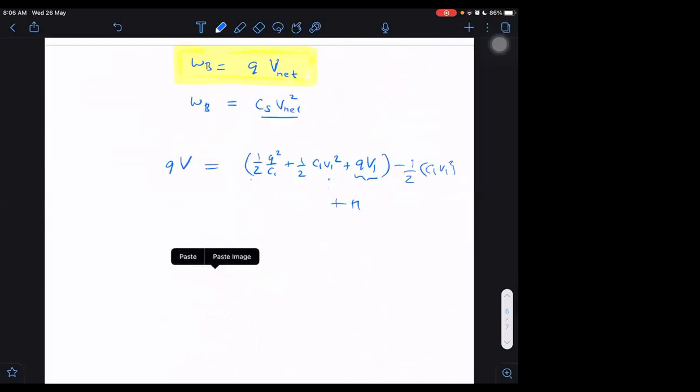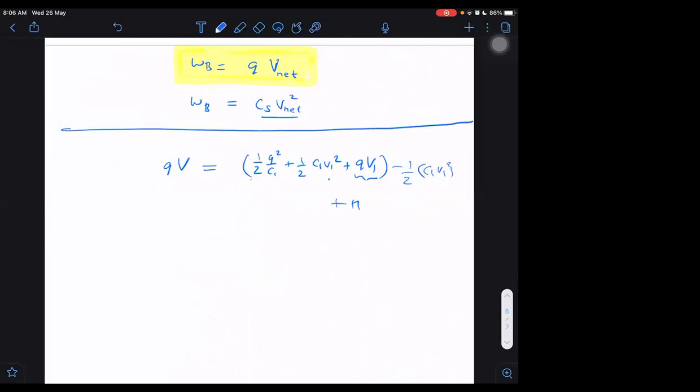What do we get from that? Then we are getting Q into V, where Q was nothing but C1, in this case I am taking one capacitor only, so C1 into V minus V1.